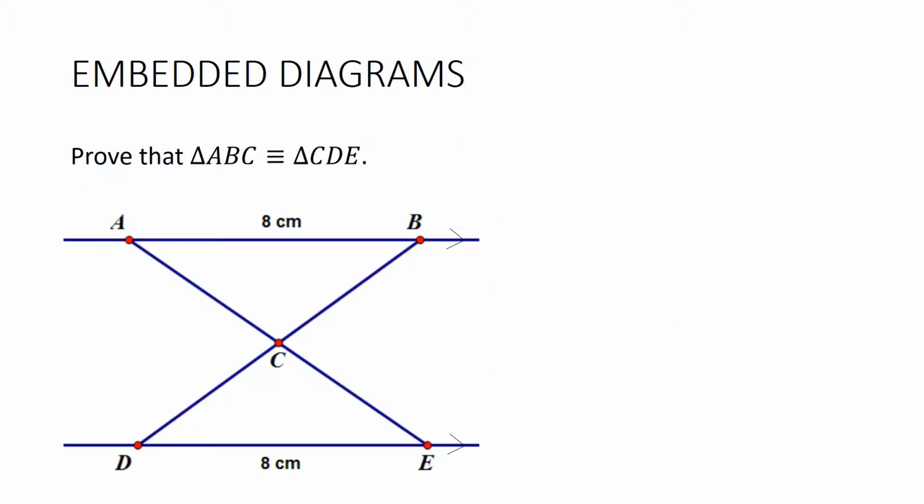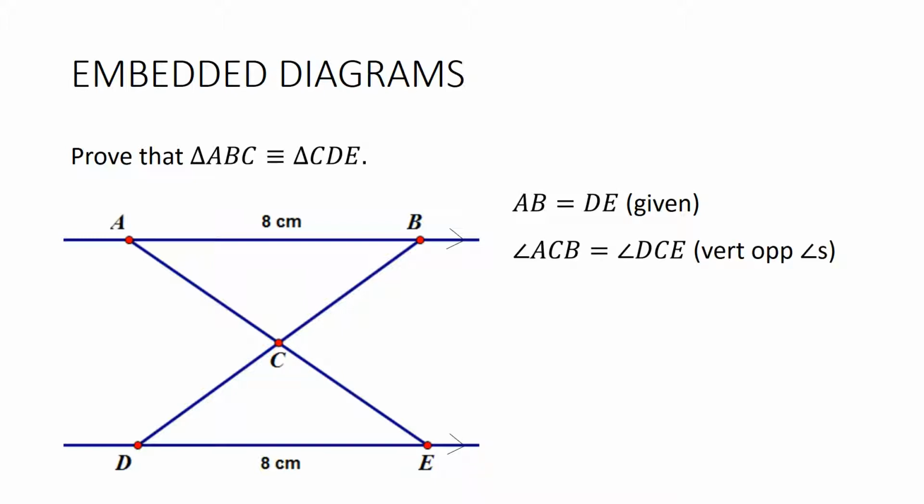Let's have a look at an embedded diagram. So prove that triangle ABC is congruent to triangle CDE. Okay, so the first thing that we know is that AB equals DE is given, so this side here. The second thing we know is that this angle here, ACB, is equal to this angle here, DCE, and they are vertically opposite.